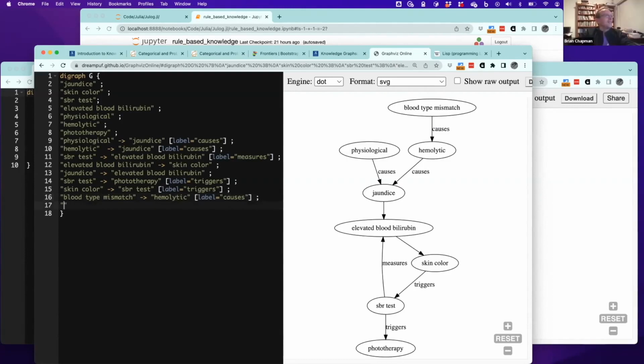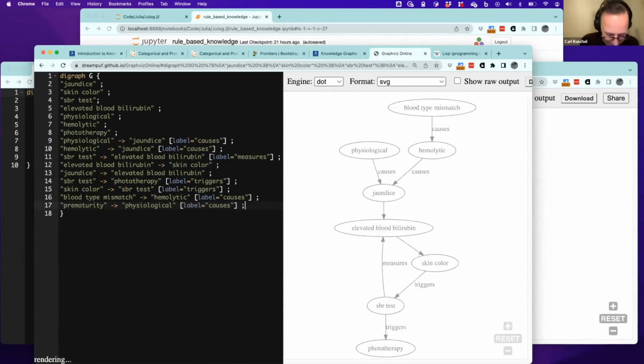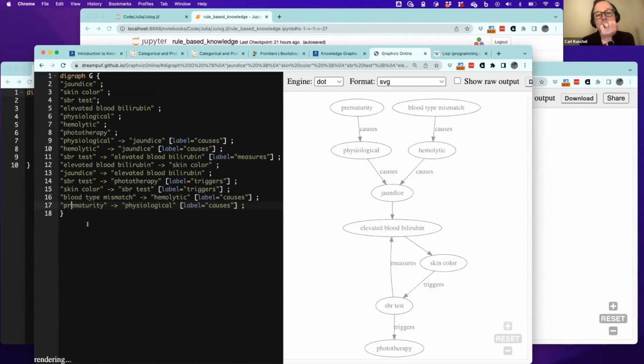Okay, all right. So immaturity is fine. So immaturity, not prematurity. Oh, okay, yep, sorry. Slightly different positions. Yep.